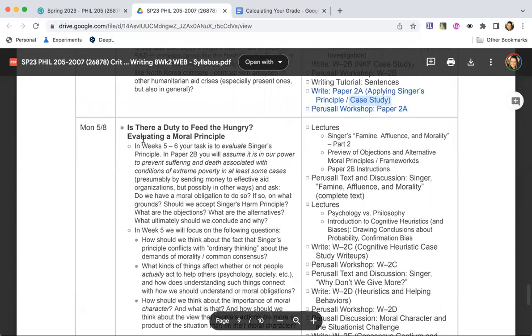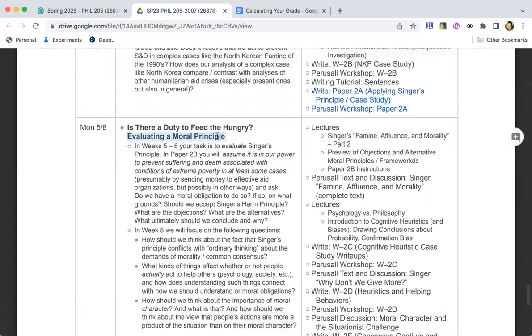Then we're going to move into actually evaluating the moral principle itself. How do we argue for a moral principle? How do we evaluate one? What even are the alternatives? Singer, in his paper, offers a principle that he thinks should guide our action towards when we ought to act and why. And the principle actually is pretty demanding.